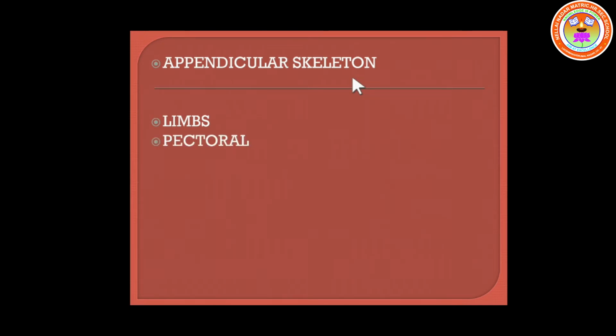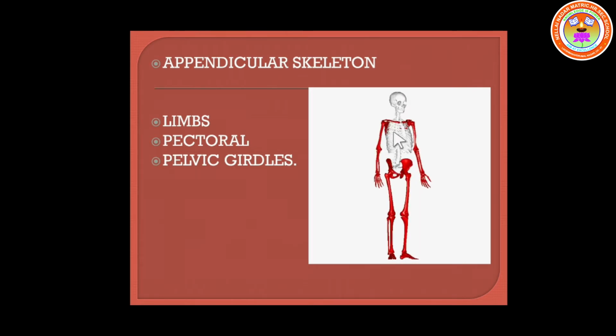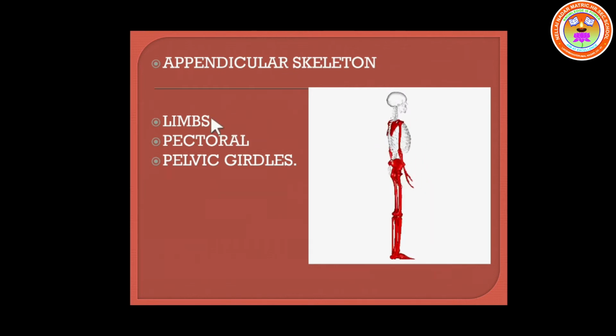It consists of limbs, pectoral and pelvic girdle. Here you can see this part is called the appendicular skeleton. It consists of both the limbs. This is the pectoral girdle, the shoulder bones, and the hip bones, the pelvic girdle. So the appendicular skeleton consists of limbs, pectoral girdle, that is the shoulder bones, and pelvic girdle, that is the hip bone.